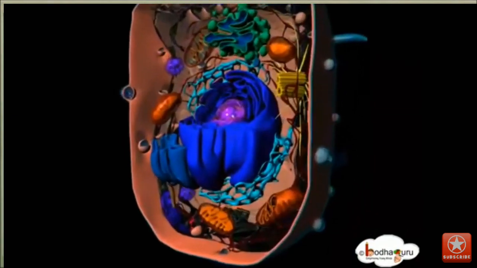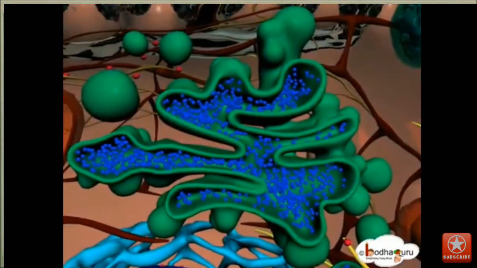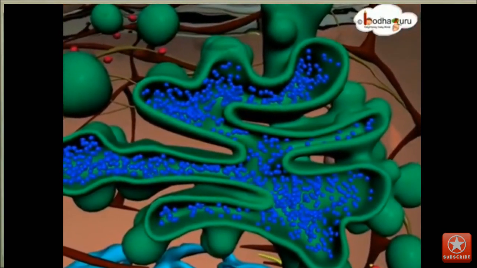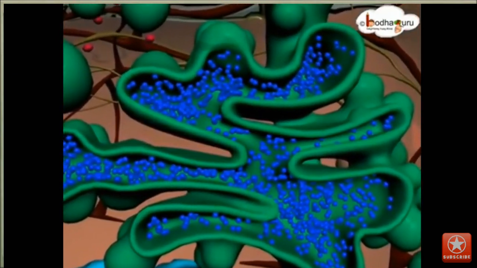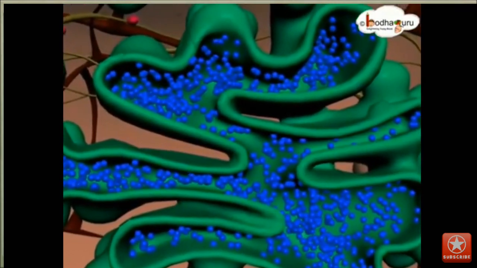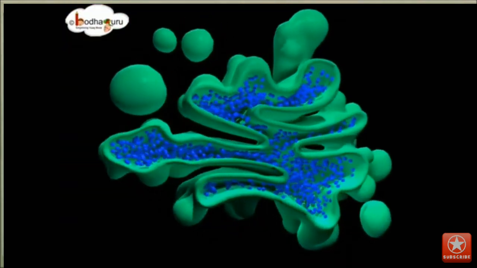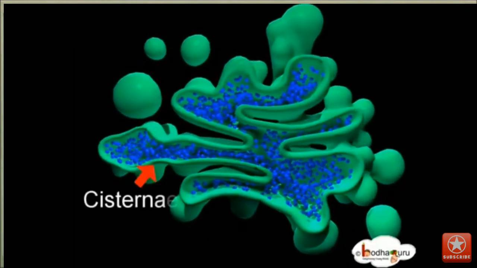Golgi apparatus, also called Golgi complex or Golgi body, are membrane-bound organelles of eukaryotic cells. It is made up of a series of flattened, stacked pouches called cisternae.